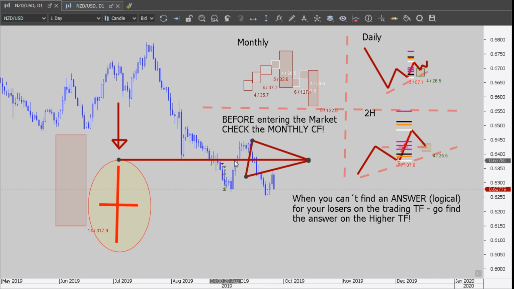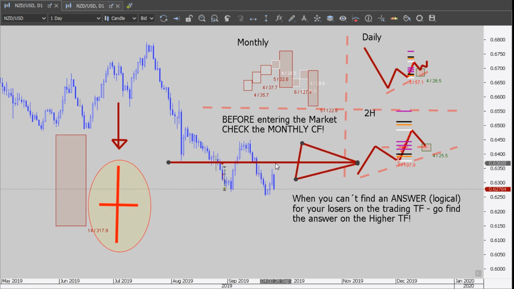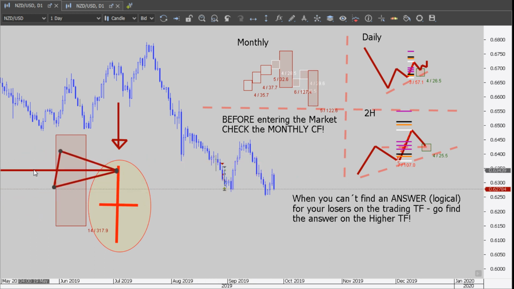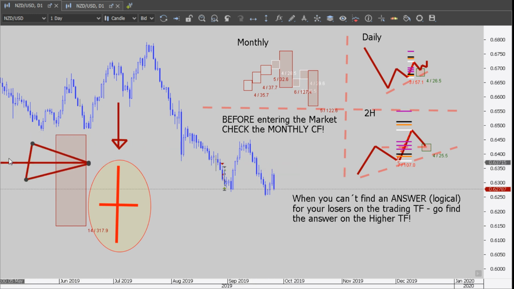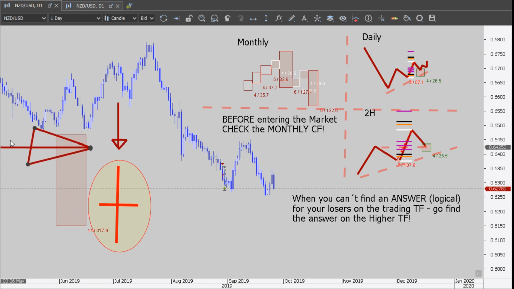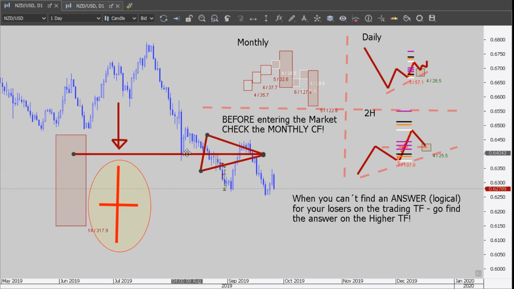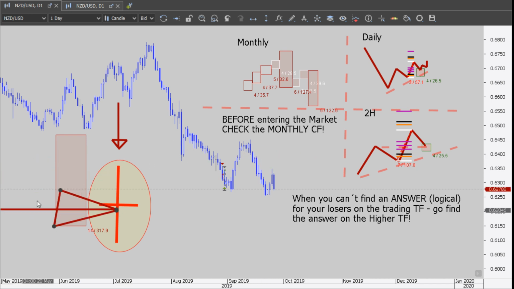You can say, let's go long. You can say, stay out because it's still an undecision candle on the monthly. You can say, I don't know, I have no clue. All of these are okay answers. You don't have a clue, stay out. You are not sure, stay out. Right? I agree with Annie, yes. Change trend, not yet, it's an undecision candle.